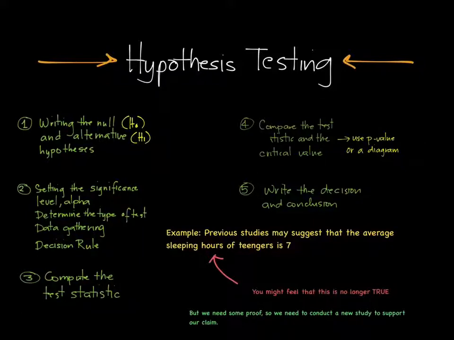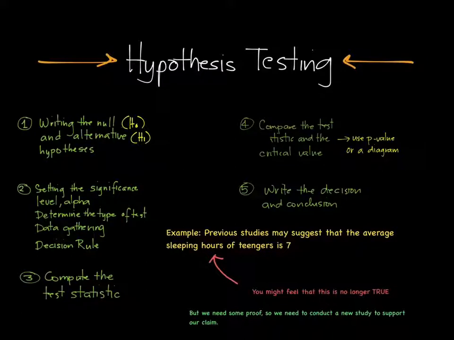For instance, in my example, the average length of sleeping hours is known to be 7, and if you want to change that belief, we need to provide a statistical basis. And one way to do that is to perform a hypothesis testing.